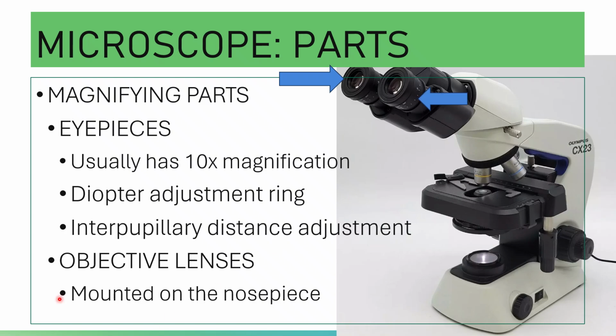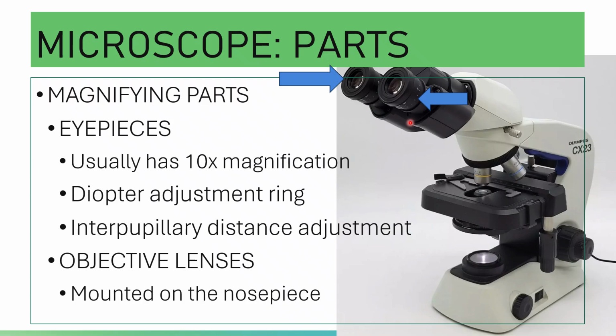And then you have your diopter adjustment ring here. It is the ring actually located in one or both of your eyepieces, set to compensate for differences in vision between the two eyes. Those of you who have eyeglasses know this: your vision actually has differences.